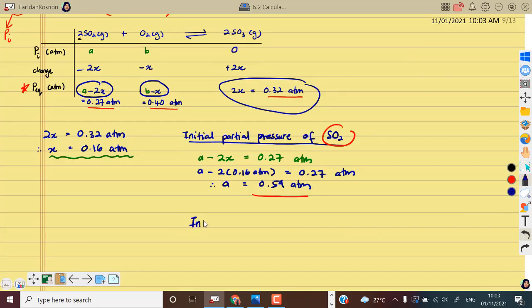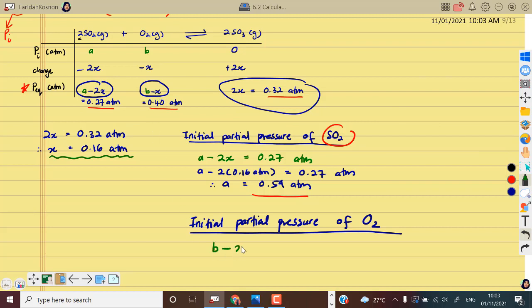And now let's continue the initial partial pressure of oxygen gas. Kaedah yang samalah. Menggunakan kaedah yang sama tadi, kita refer kepada sebutan B tadi. So B minus X, which is equals to 0.40 atm. So kalau you gantikan X tu kita dah tahu.